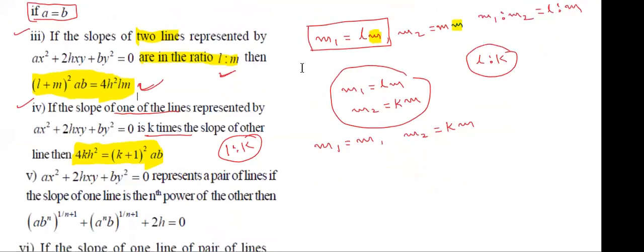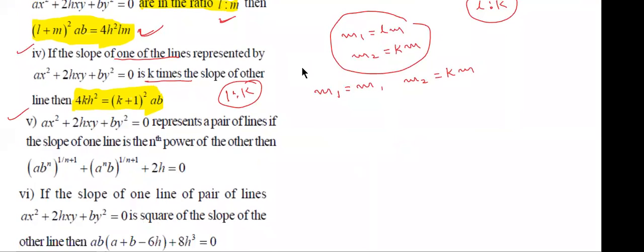Okay, students. So I'm going to the fifth formula. What is given here: ax square plus 2hxy plus by square is equal to 0 represents a pair of lines if the slope of one line is the nth power of the other. Suppose the slope of one line is m, then the slope of the other line is m power n, the nth power.